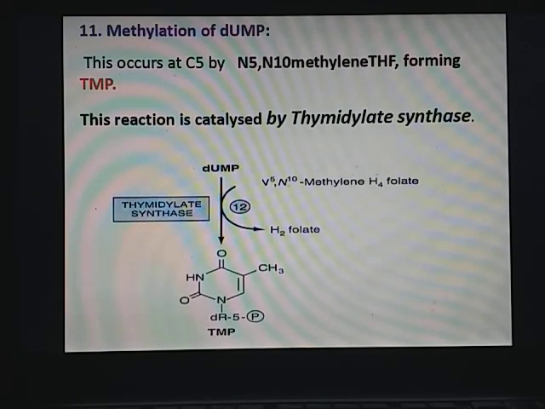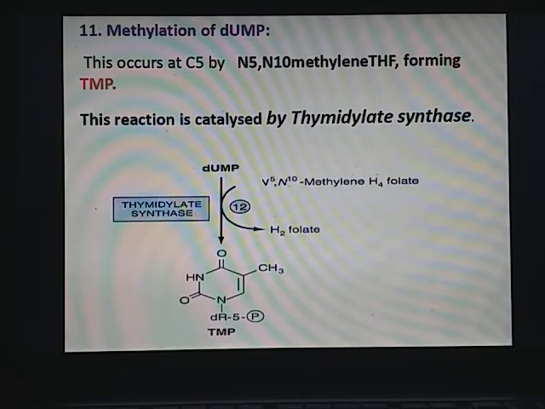So here the thymidine monophosphate is synthesized. This enzyme thymidylate synthase is also an important enzyme and the site of action for anti-cancer drugs like methotrexate.